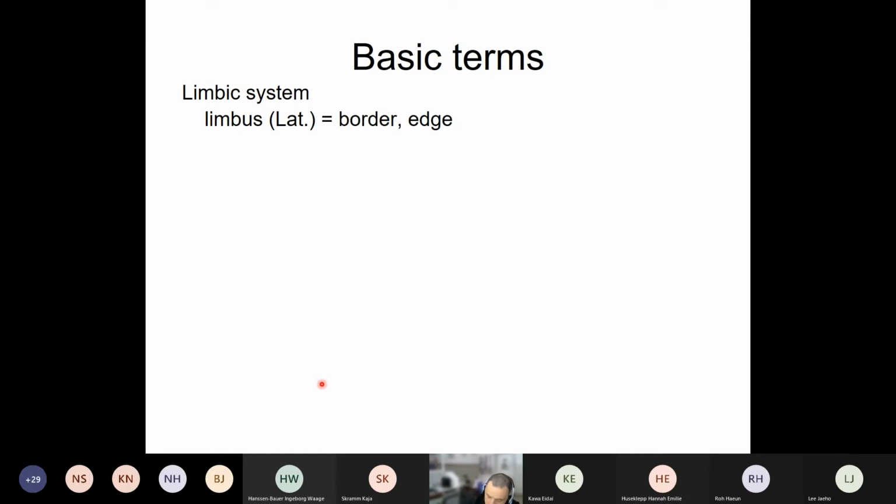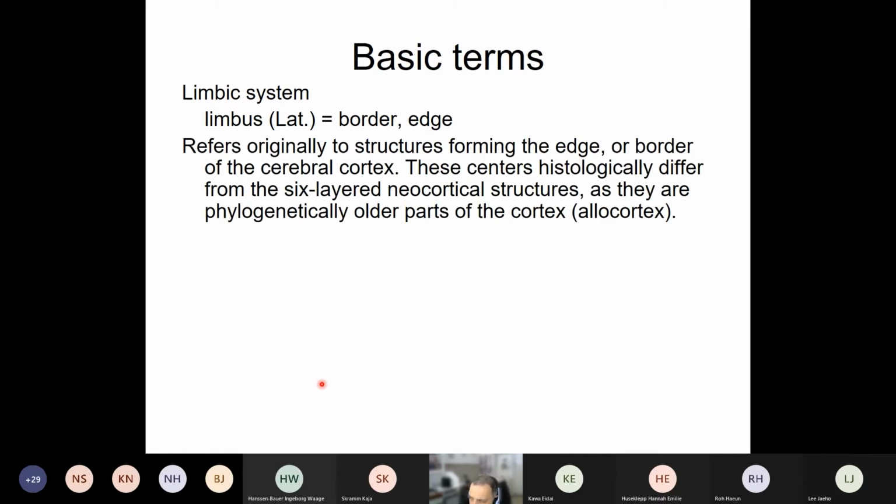When people started to study the brain histologically, they prepared sections from all over the brain tissue, and it turned out that if the sample was taken from the border of the cortical surface, its rim, people couldn't find the typical six layers of the cortex that you are already familiar with. It was thinner and had fewer layers.